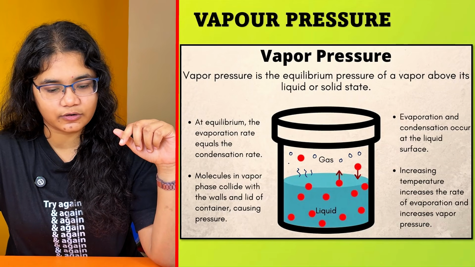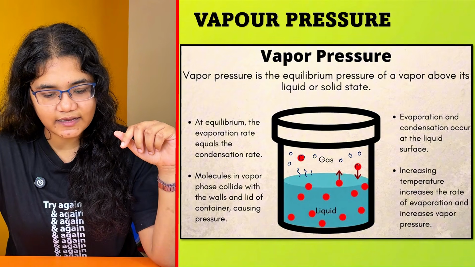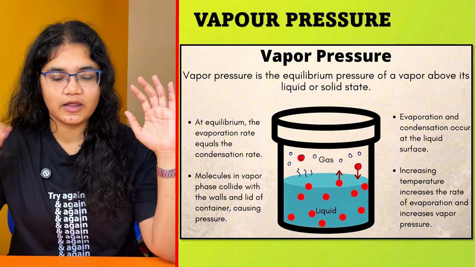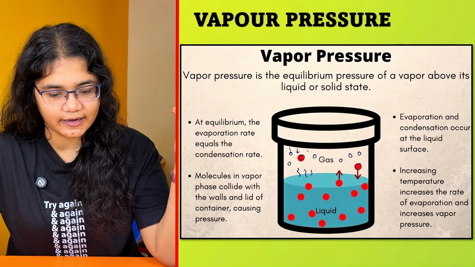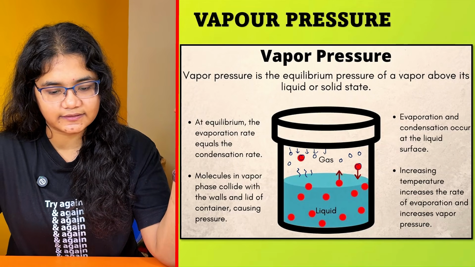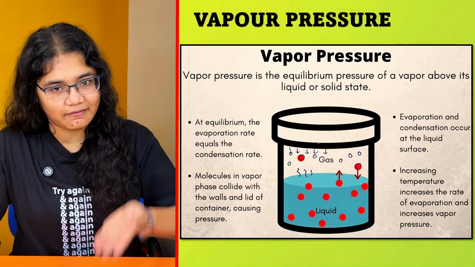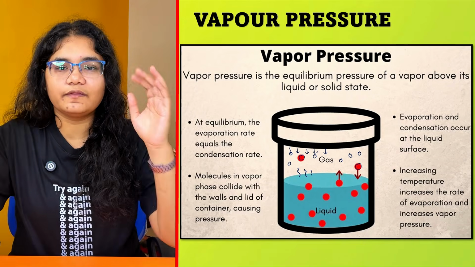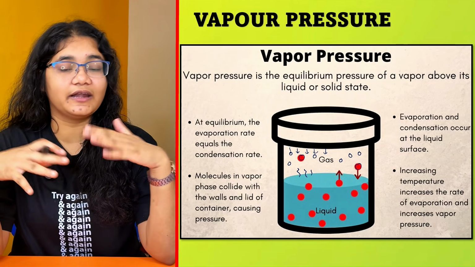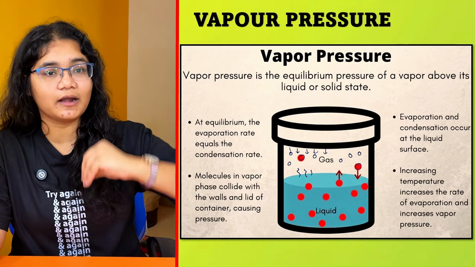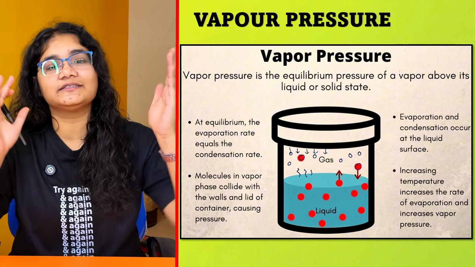These dots which are already present are the vapors, right? This process is going on. These vapors will hit the container and then they will condense. So there are two processes happening, evaporation and condensation. Now there will be a situation when the rate of evaporation and the rate of condensation become equal, meaning that as many particles are evaporating, that many particles are condensing.